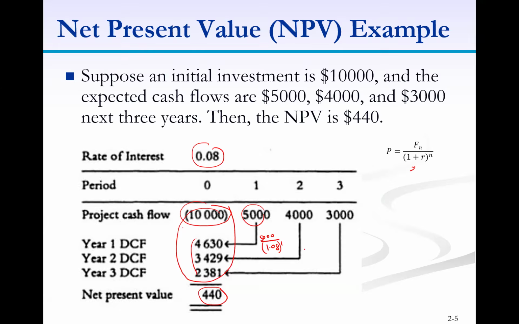This one is 4,000 divided by 1.08 to the power of 2. This one is 3,000 divided by 1.08 to the power of 3. So you got this. This one is exactly 2,381.